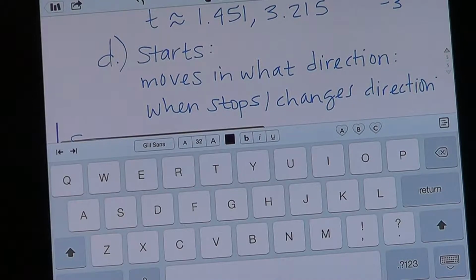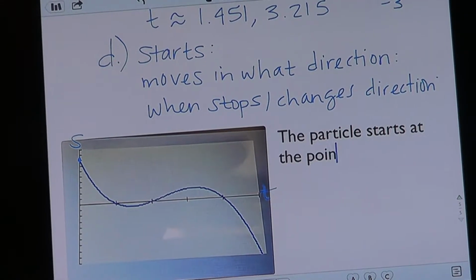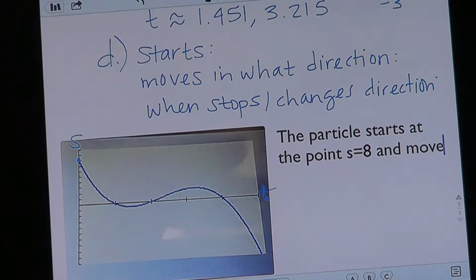Okay. So we're going to say the particle starts at the point s equals 8 and moves, what direction is it moving if it's going down?